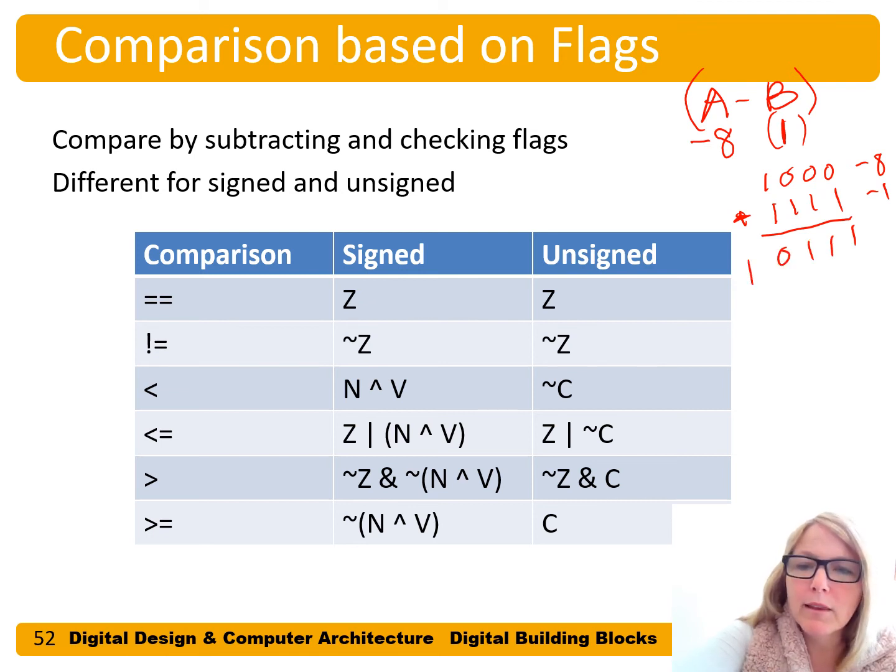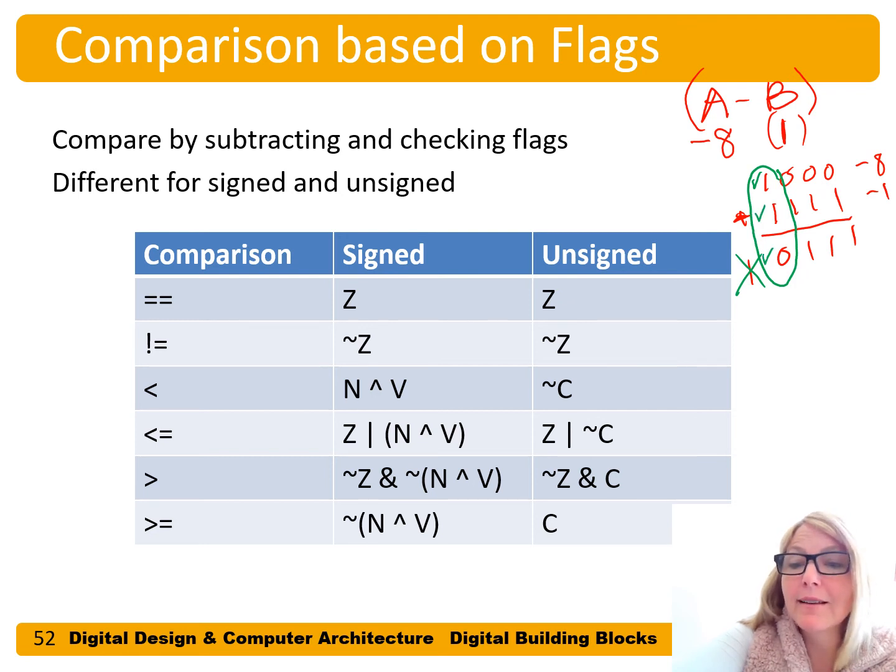Okay, so remember with signed numbers, that carry out of the most significant bit means absolutely nothing. We detect overflow by saying, oh, hey, did I have 2 operands with the same sign, and did the result have an opposite sign? Yes, in fact, it did, right? We're adding 2 negative numbers, minus 8 and minus 1, and we got a positive result.